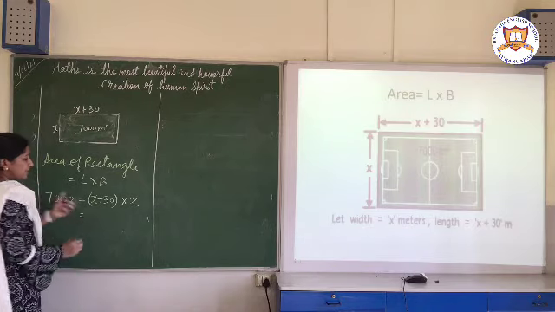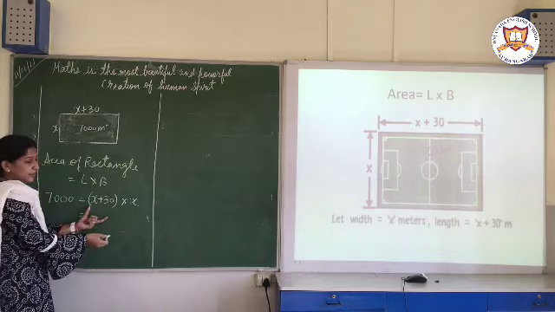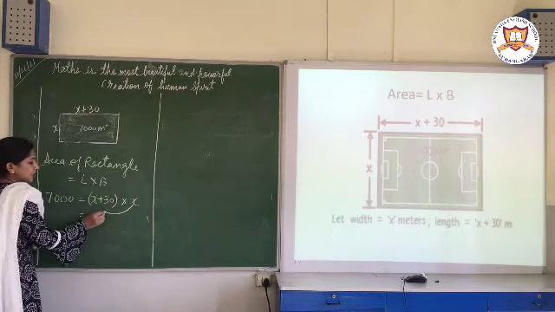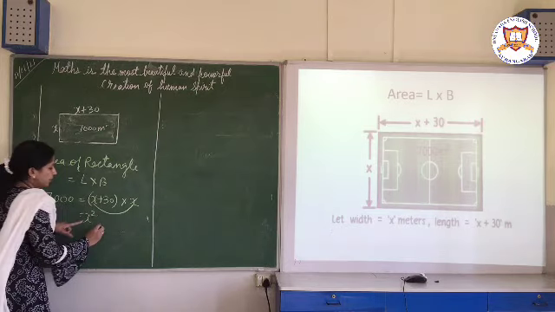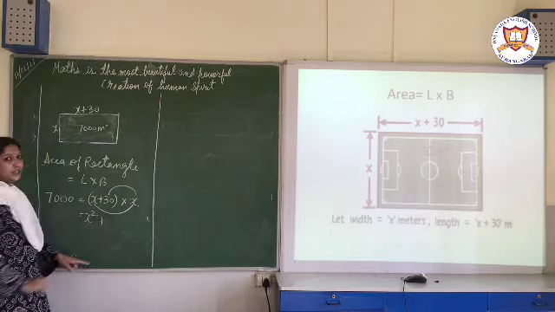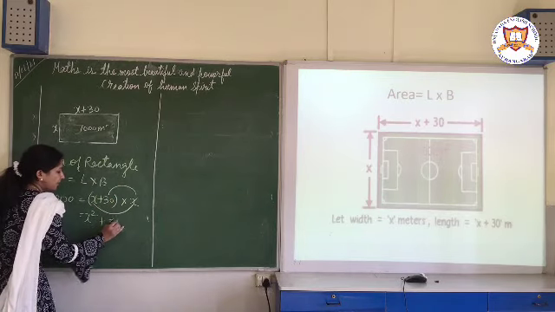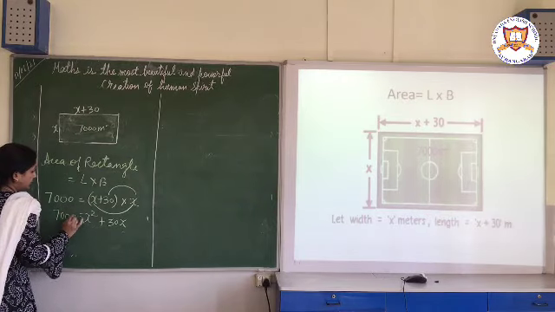Now we will solve the bracket. First multiply x by x, it gives you x square. Then put the plus sign as it is. x multiplied by 30 gives you 30x. And this equals 7000.